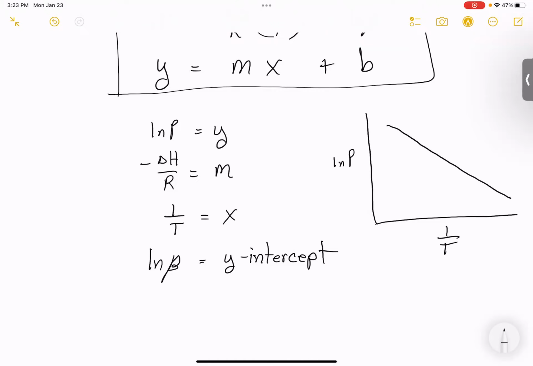So this is what we're practicing in the graphing lab. We will be practicing some of this, and you will also be using some of this later on. It will always be a negative slope in this particular case, yes, because it's a negative delta H over R.